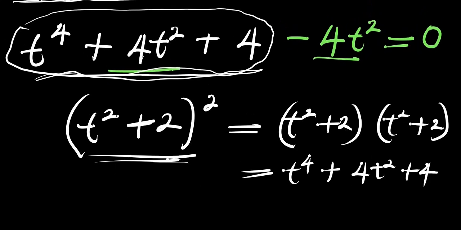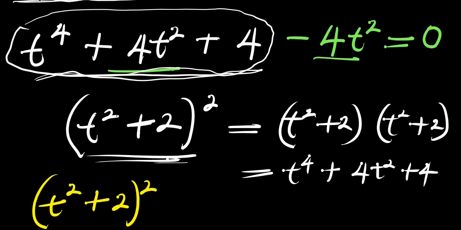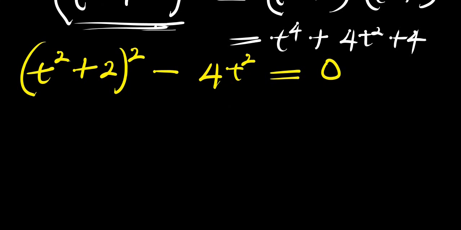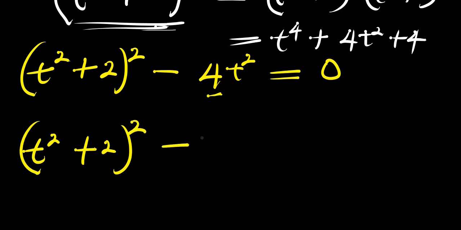So we have t squared plus 2 raised to the power of 2. Then we have minus 4t squared, and this equals 0. So what we can do again is, this is 4 here, and it's a perfect square, and this is t squared, so we can easily have it this way. We can have t squared plus 2 raised to the power of 2 minus, for this 4t squared, we can have 2t and raise it to the power of 2.